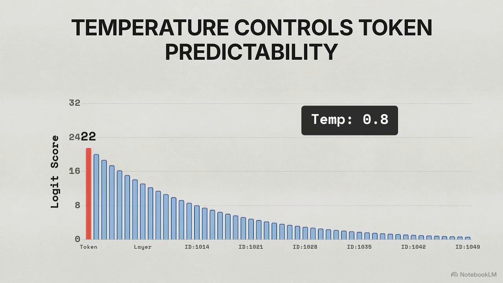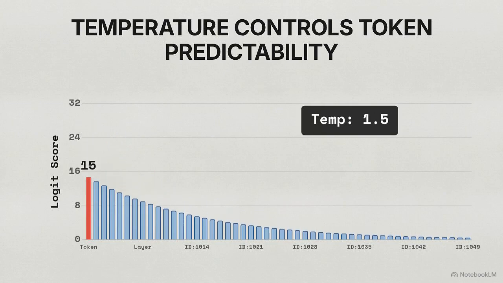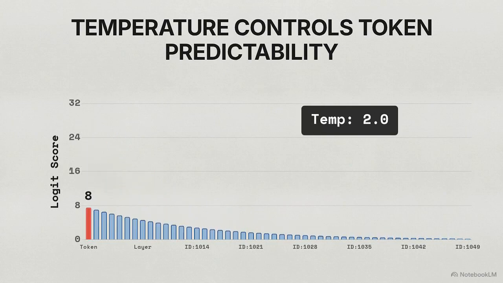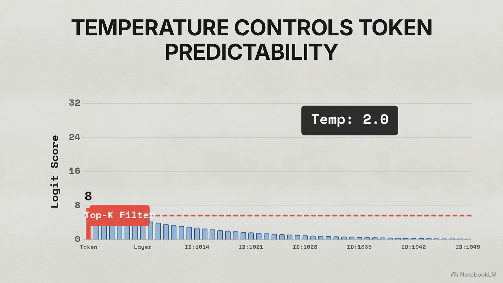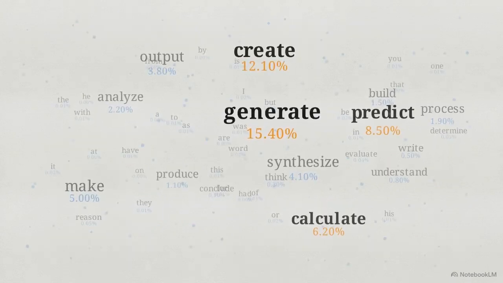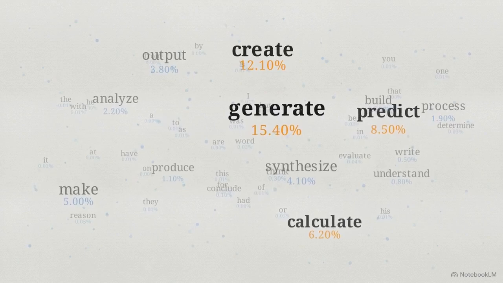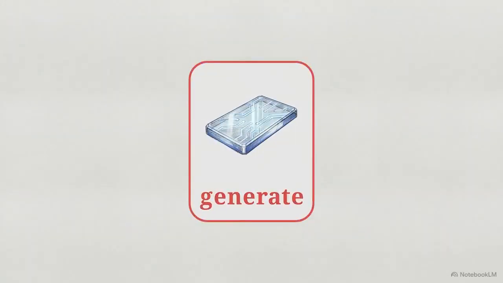Low temperature spikes the tallest bars to generate predictable, deterministic text. High temperature flattens the distribution, allowing lower-scoring words a statistical chance to appear. Finally, sampling filters like top K and top P delete the long tail of unlikely words before the final random selection occurs. Text generation occurs as an engineered probabilistic collapse of millions of potential futures into a single specific word.